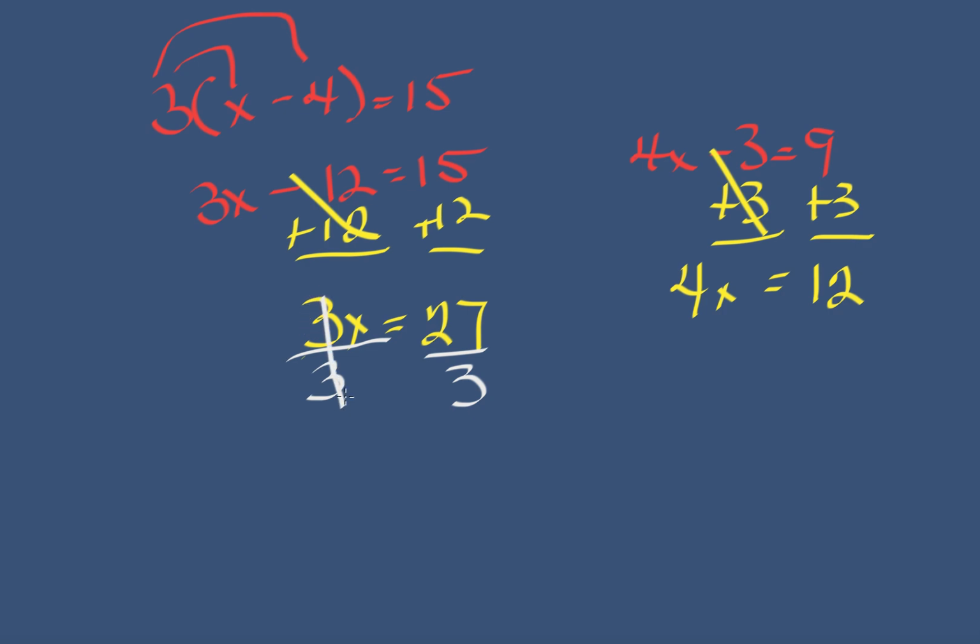This turns into 1, because 3 divided by 3 is 1. So 1x equals 27 divided by 3, that's 9. In this one, x is being multiplied by 4, so we're going to divide both sides by 4. That becomes a 1. So we have 1x equals 12 divided by 4, which is 3.